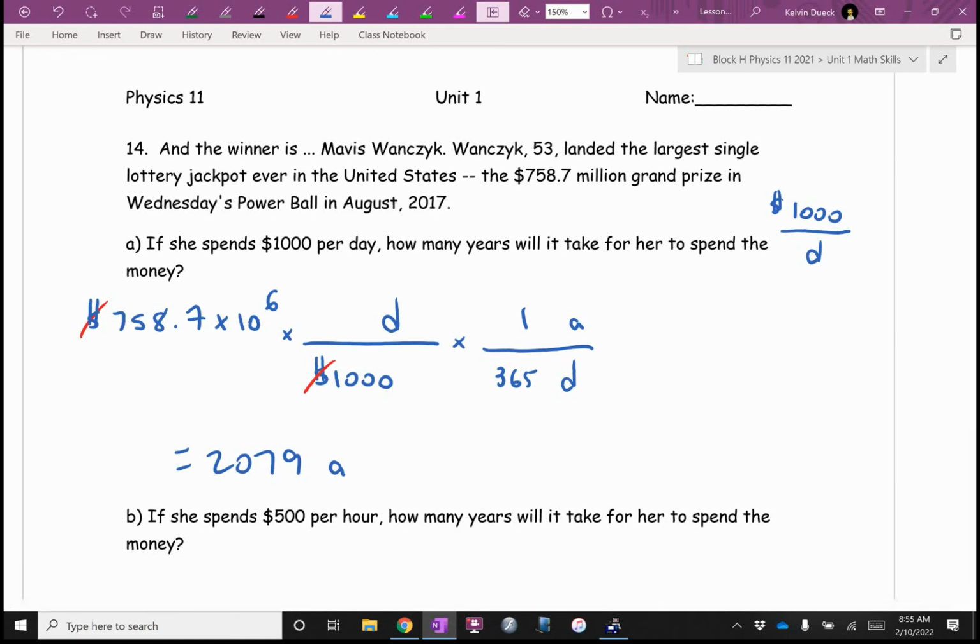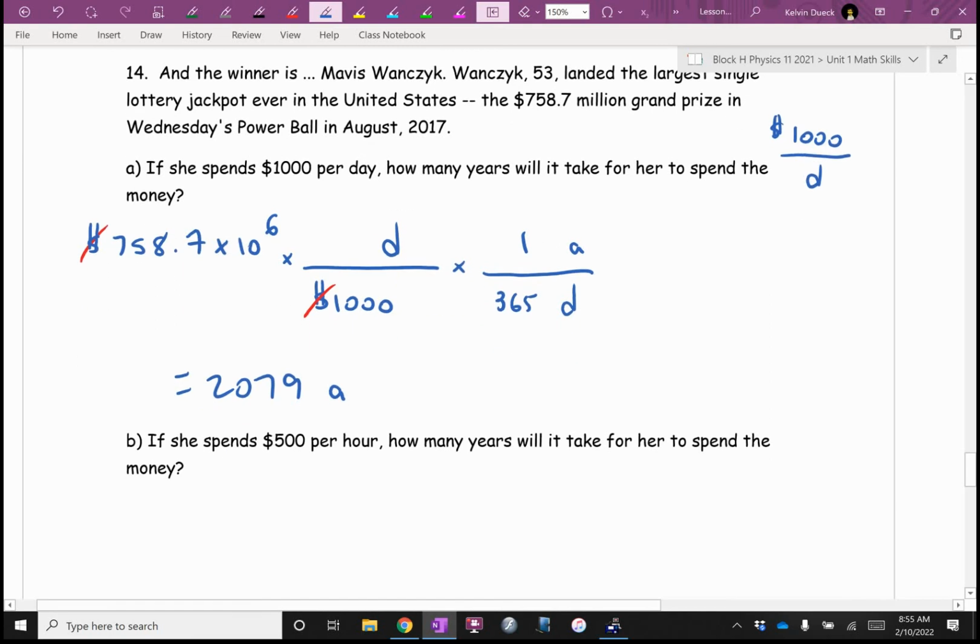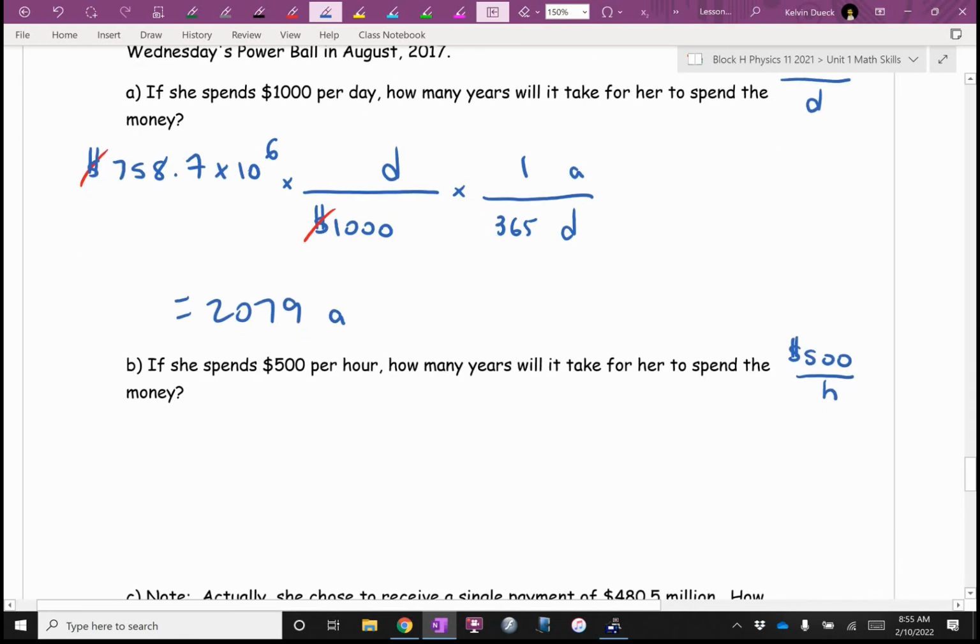Right? Right. So, suppose she spends $500 per hour. Again, I'm going to write that $500 per hour over here in the margin as a vertical fraction so that I can see that dollars is on top, hours is on the bottom. How many years?